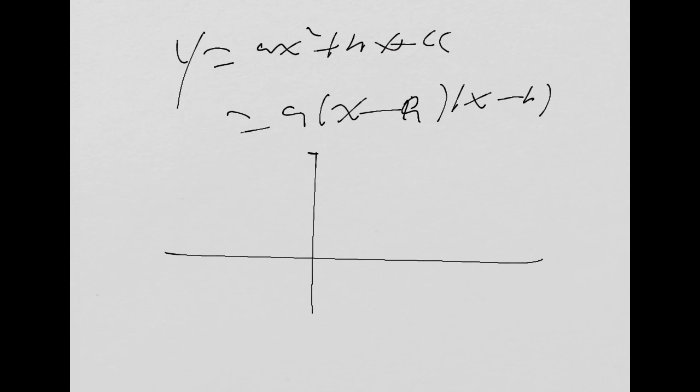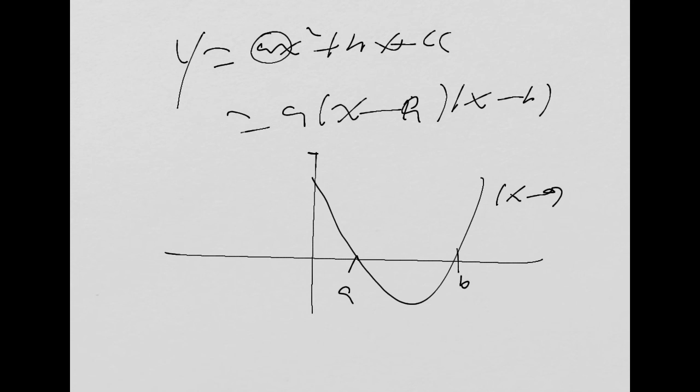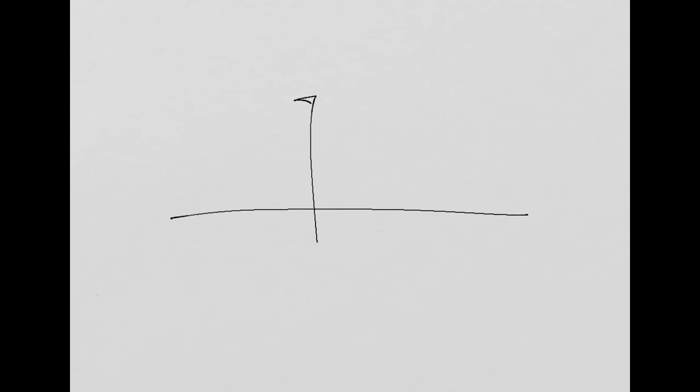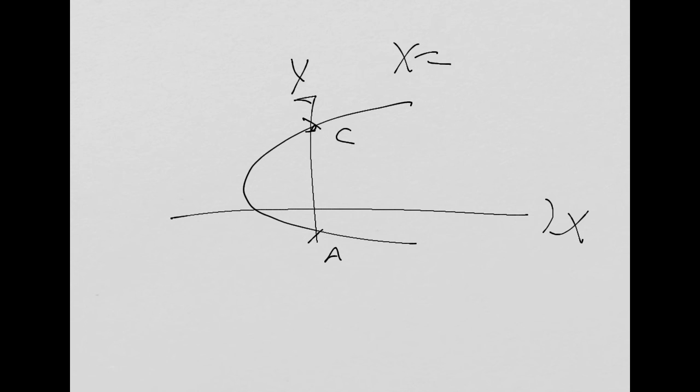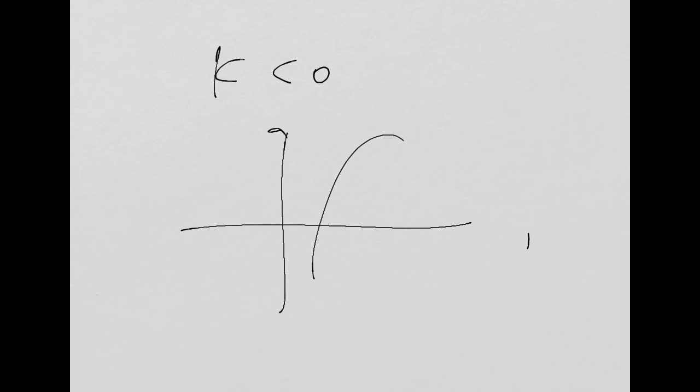So if, let's say, your a here is positive, it becomes like that, with A and B. And if you cut your y, it becomes like that, probably C and D. x equals k, y minus c, y minus d. But if your k is less than 0, it will be concave downwards, or you can call it convex. Whatever you like to call it.